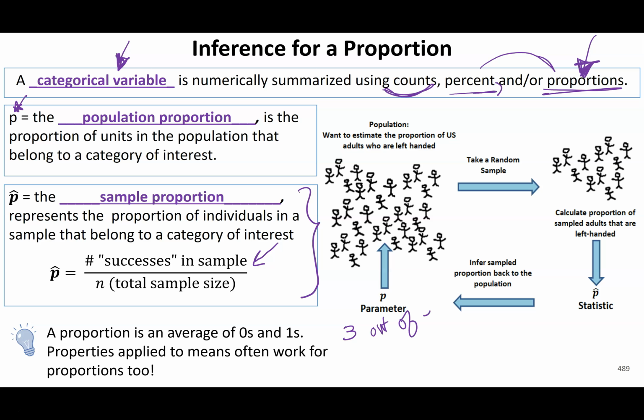I could think of it as an average of person 1, person 2, person 3, doesn't matter really what order, and then we had 2 folks that didn't have brown eyes, right? Out of 5, I'm still going to get 3/5, and that's going to be 0.60. So you can think of it that way, where you assign your successes 1s and your failures 0s, and it's the same as taking your average. And what's really cool is a lot of the properties that we applied to means also apply here.